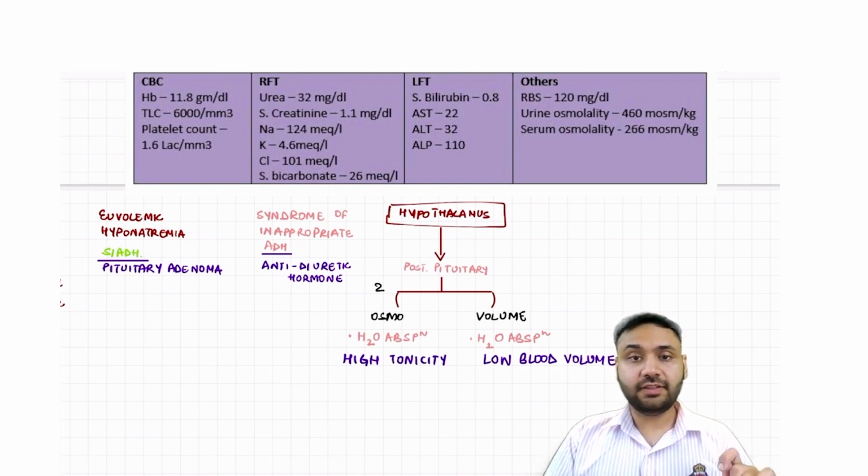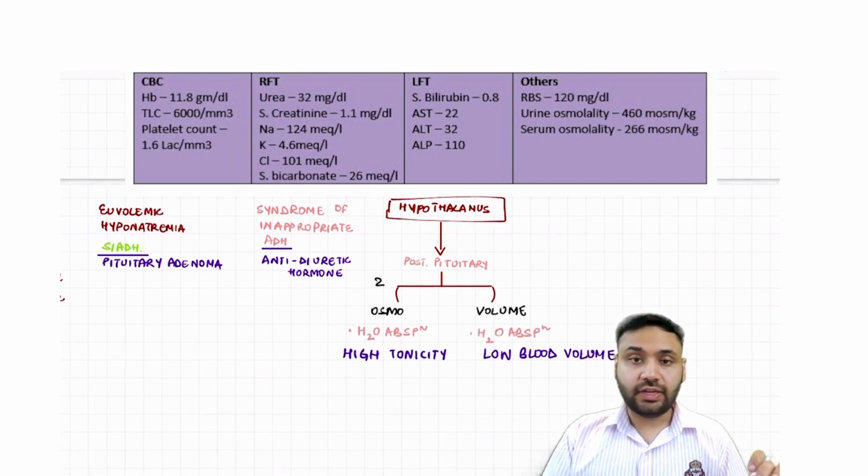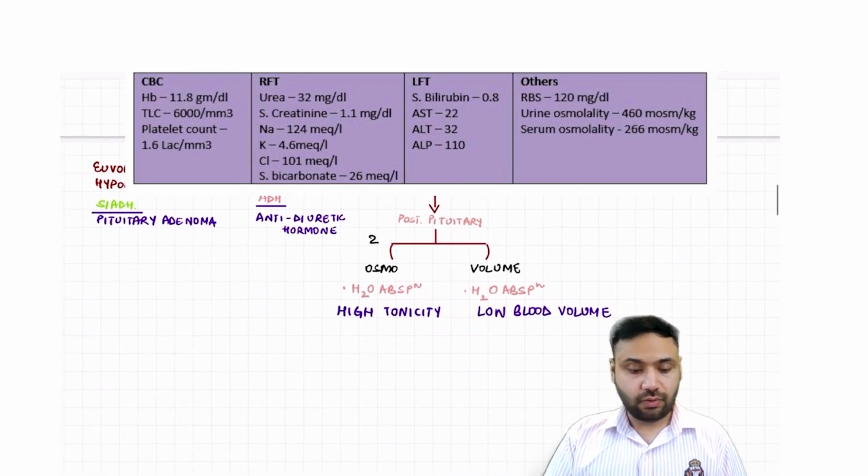Whenever there is an increase in osmolality, it means the body's water is less, so ADH would increase water absorption to correct the osmolality, right? Secondly, whenever the body volume is low, ADH would be secreted to increase water absorption, thereby addressing low blood volume.